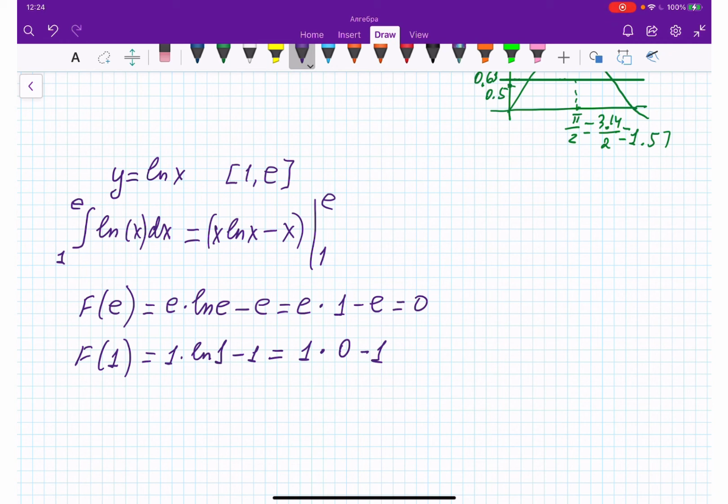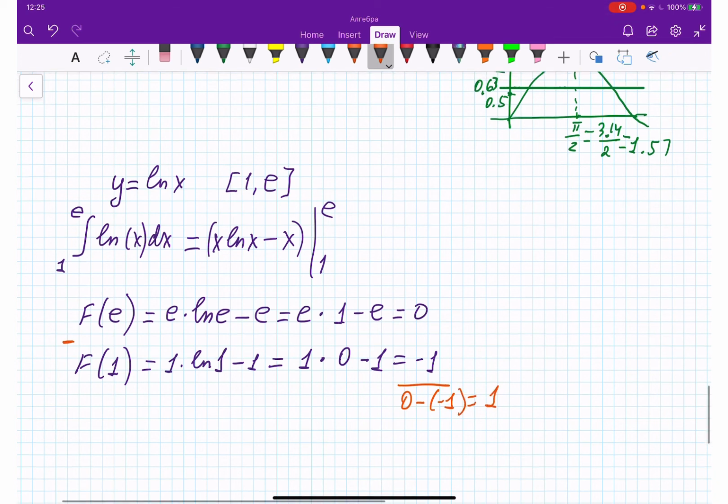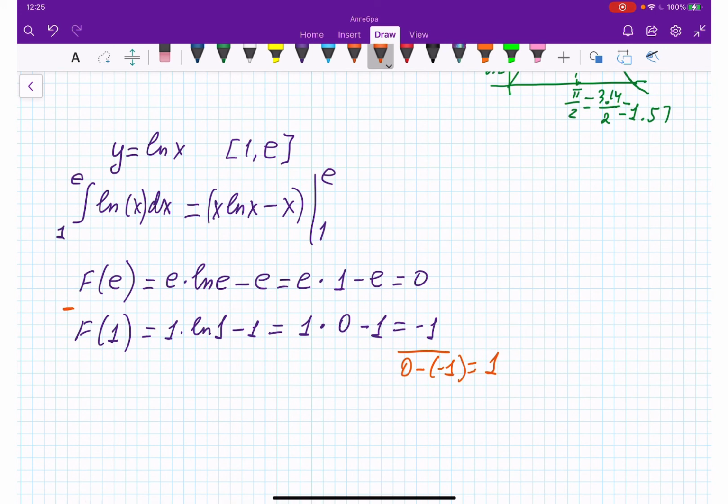We are going to get 0, and the answer is going to be negative 1. Because we need to subtract one from another, 0 minus negative 1, we are getting positive 1. So this is going to be our top portion, f of b minus f of a is equal to 1.